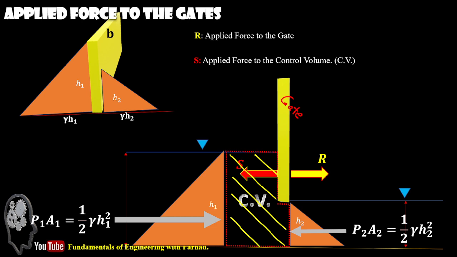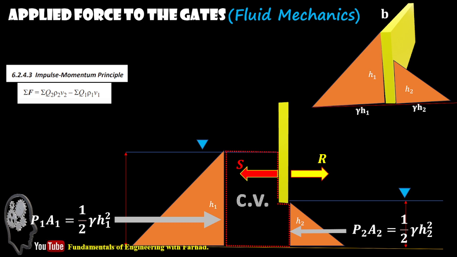So after creating this control volume and studying the forces on each side of our control volume, we then can just jump to a momentum equation from any fluid mechanics textbook or an FE or PE reference book in section 6.2.4.3.